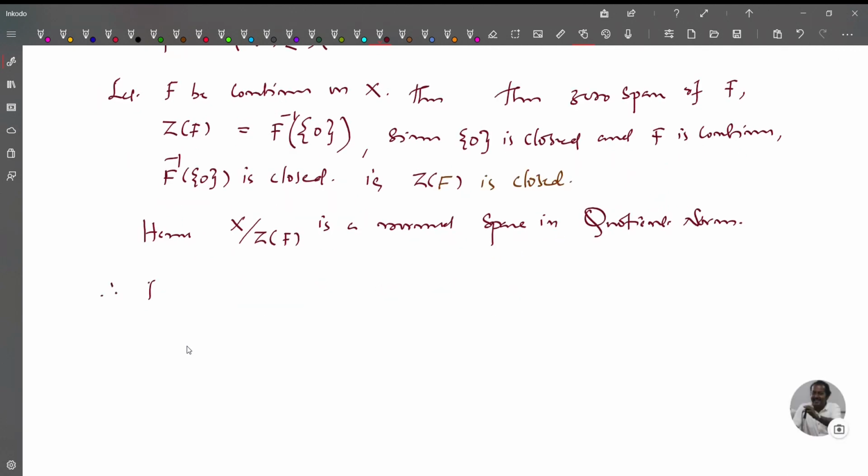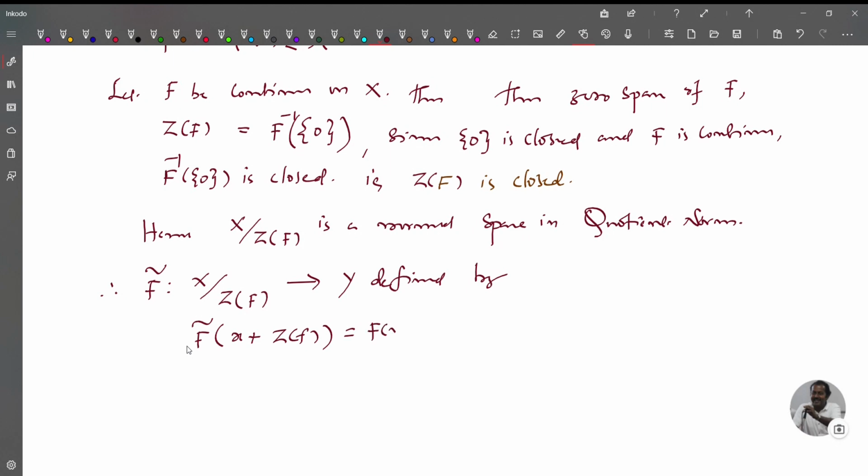Therefore, f tilde from X over the zero space of f to Y, defined by f tilde of x plus the zero space of f equal to f of x for all x in X, is well defined.